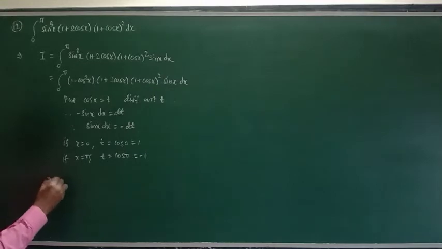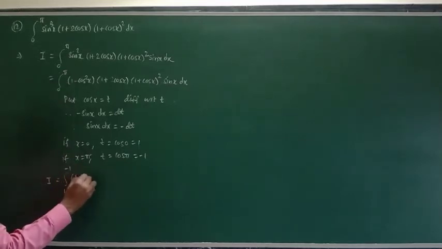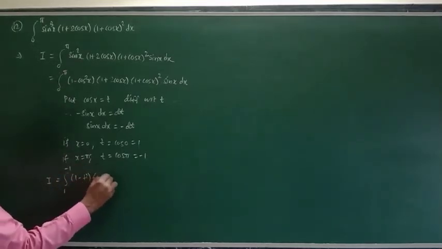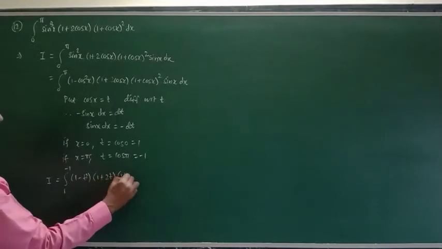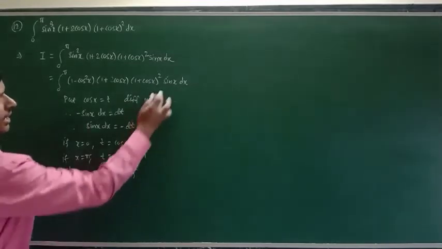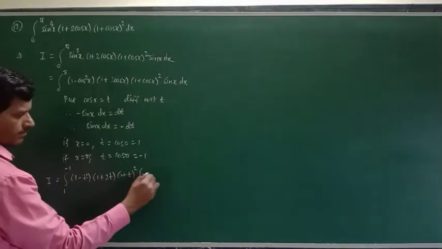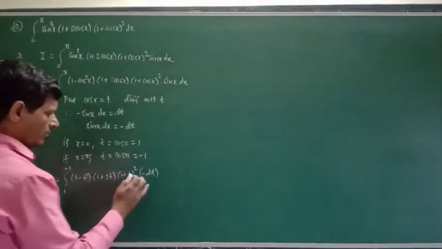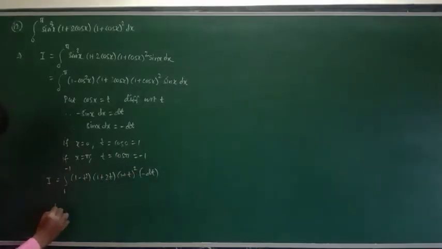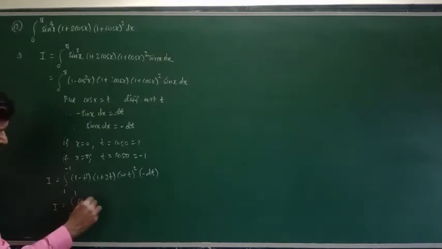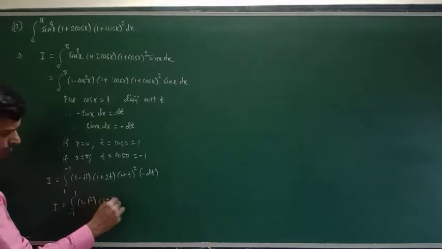So what is value of definite integration? I is equal to integral with limits from 1 to minus 1, (1 minus t square) into (1 + 2t) into (1 + t) bracket square, and sin x dx value is minus dt. For a negative sign, if I interchange the limits, then negative sign get removed. So I is equal to integral minus 1 to 1, (1 minus t square) into (1 + 2t).